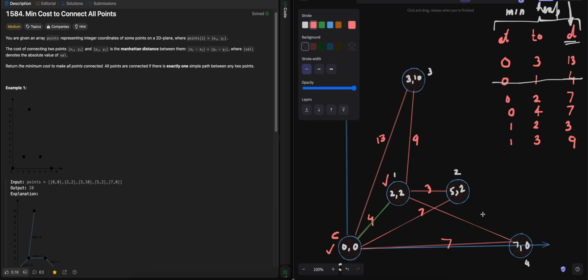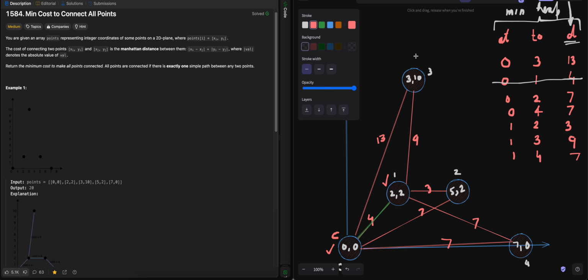So from 1 to 4 the distance is 7. Now no other unvisited vertex is remaining for this node.